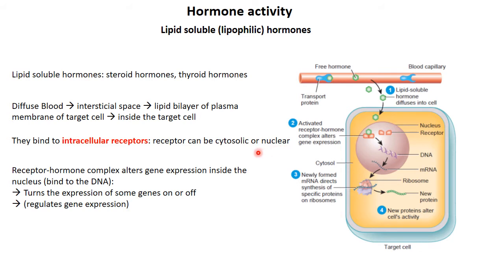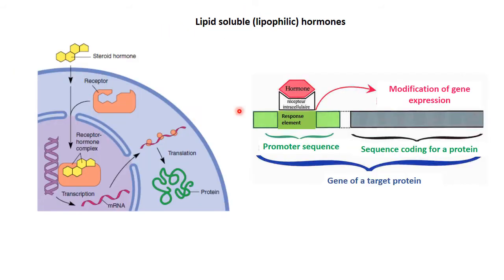Now, what happens when they bind to their receptors? The structure of those receptors is complementary to the hormone. Those receptors have a ligand binding domain, and a DNA binding domain on another side.